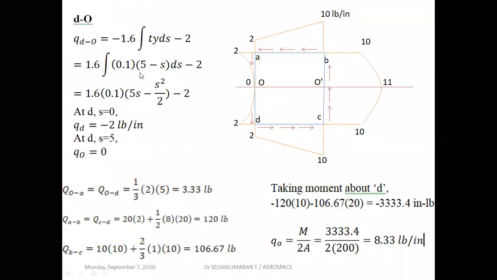So y is nothing but minus of 5 minus s. Minus into minus plus, you get 5 minus s, with the previous shear flow value of minus 2. After integration you get this value.